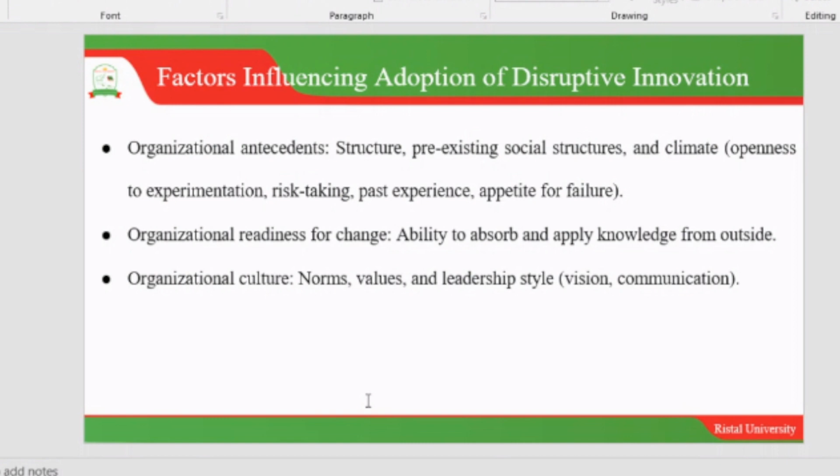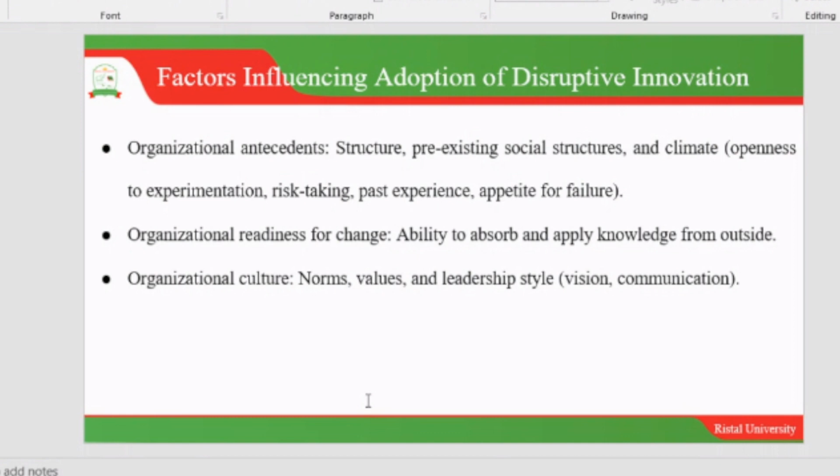Then the past experience, and then appetite for failure or risk. Okay, as an entrepreneur, you need to have that appetite to take risk. It is only through risk that we can be successful as entrepreneurs. That appetite for failure, because it is through failure that you realize what you did wrong and you can be challenged to improve.